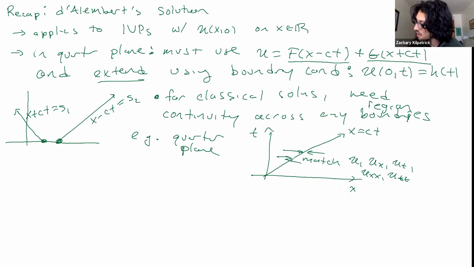And just like in the case of the transport equation, we can do that by writing out the solution and then taking that limit and imposing that condition. The result is that you're going to get some condition on the function that defines your boundary condition, h of t, and then your typical initial conditions, which we've called phi or psi or something like that. Okay.